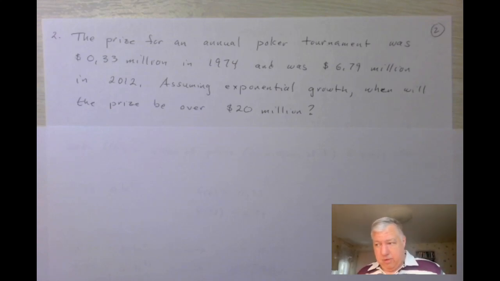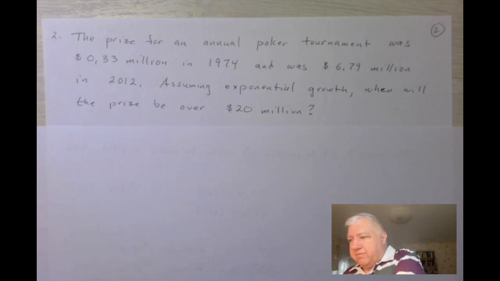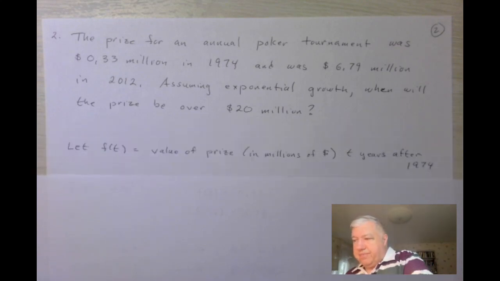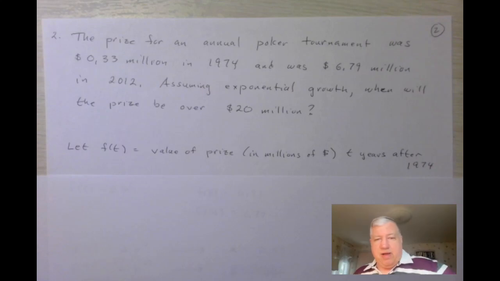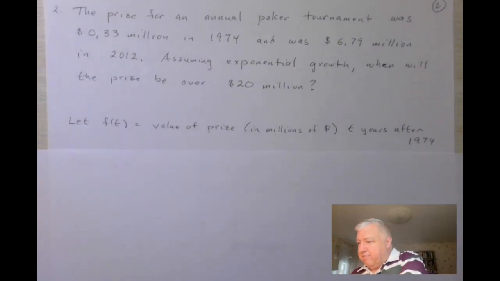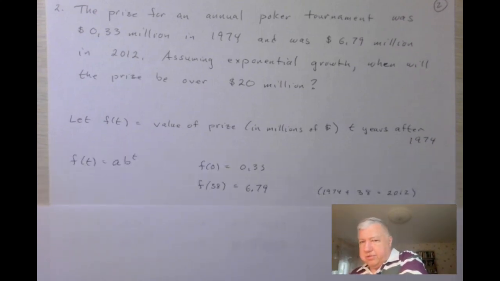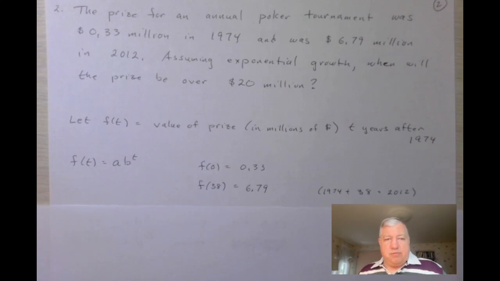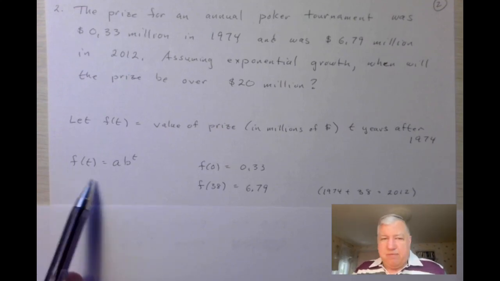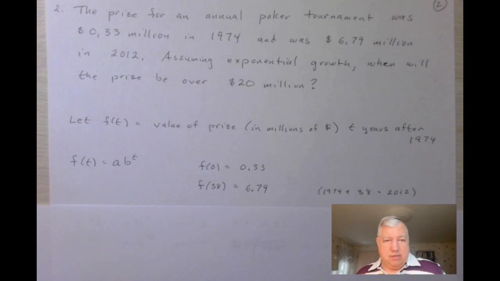Okay, so the keyword there is exponential growth. First we have to come up with a formula for the value of the prize in terms of t. If we let f of t be the value of the prize in millions of dollars, t years after 1974, then exponential growth says that f of t is some constant a times another constant b raised to the tth power.